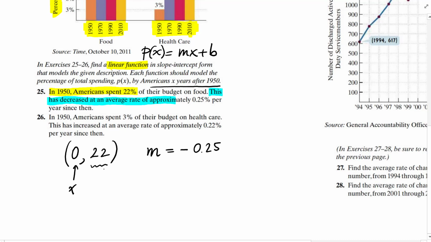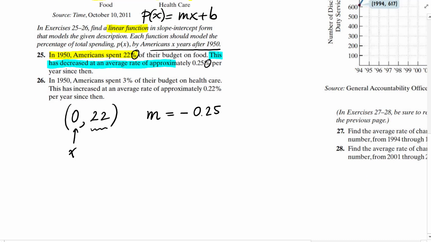So we eliminated the notation for percentage for both of them. So now, knowing this, we want to find out the function p of x. So p of x is equal to mx, so negative 0.25x, plus b, so plus 22, because they gave us the y-intercept because of the pair (0, 22).